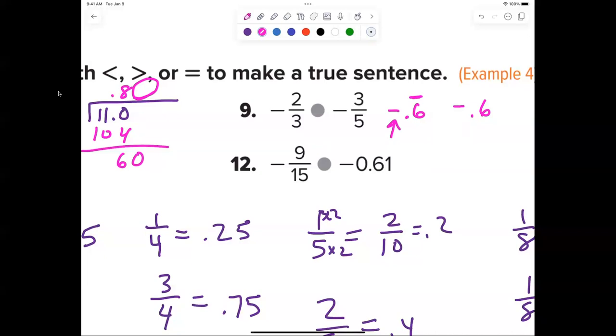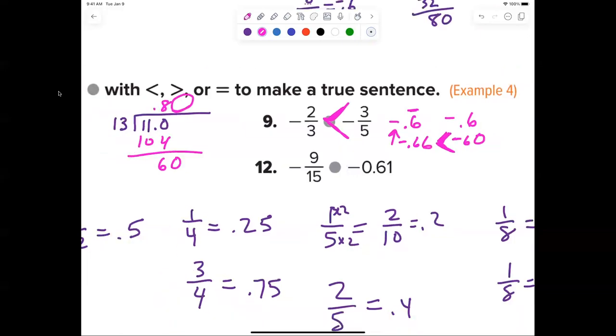Now keep in mind also the 0.6 repeating is 0.66, and this over here is 0.60. Do we agree? So would you rather owe 66 or would you rather owe 60? So that's how I know that negative 0.66 is less than that. So this is a less than right there. Everybody okay with that?